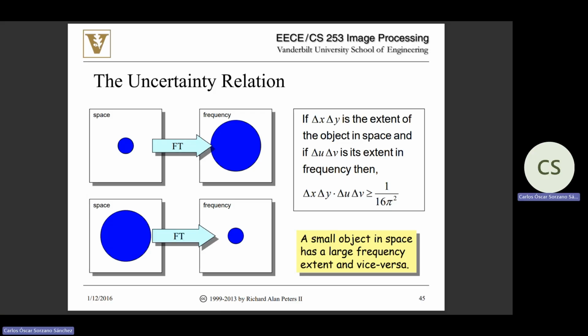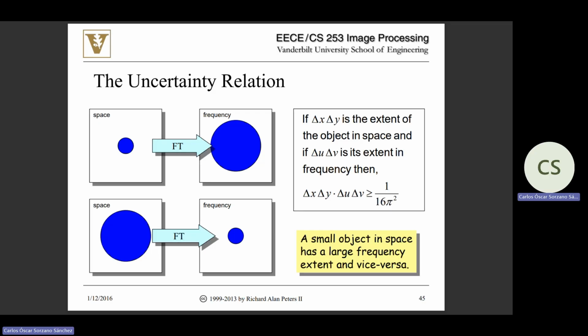This is called Heisenberg's uncertainty principle. It comes from quantum mechanics, but it also applies to the Fourier transform.